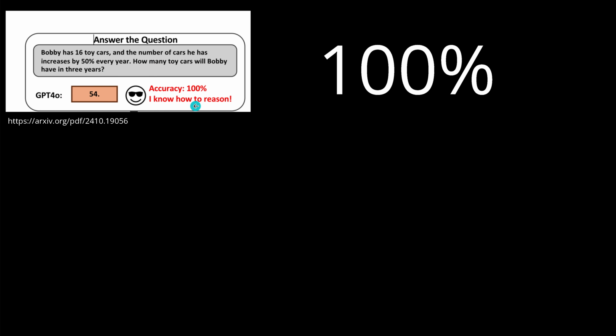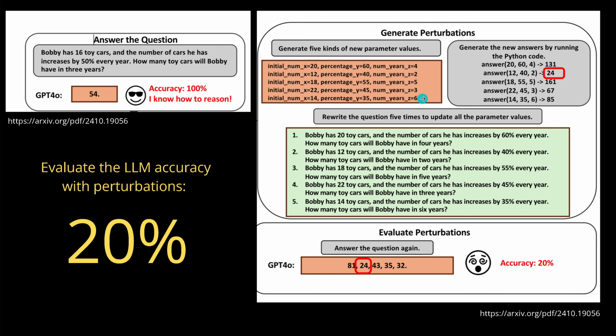So hey, 100% accuracy. So the system is perfect in mathematical reasoning. Or is it? Because now we rewrite this question 5 times and say, hey, 60% per year, 40%, 55%, 45%, 35% per year. We have now what we call LLM perturbations.